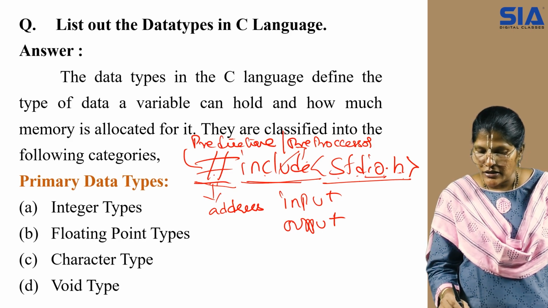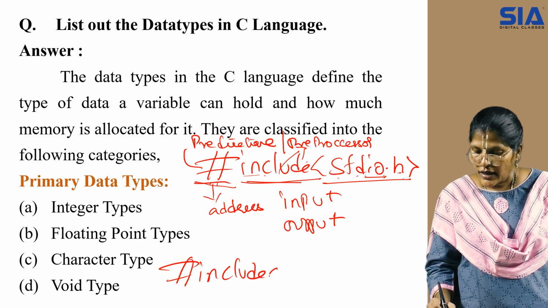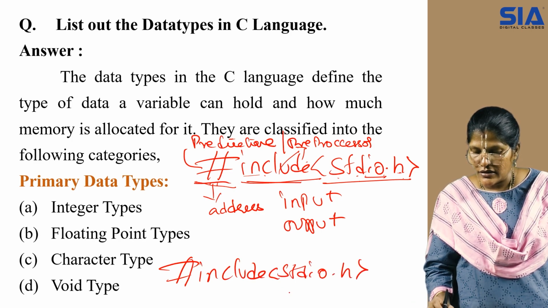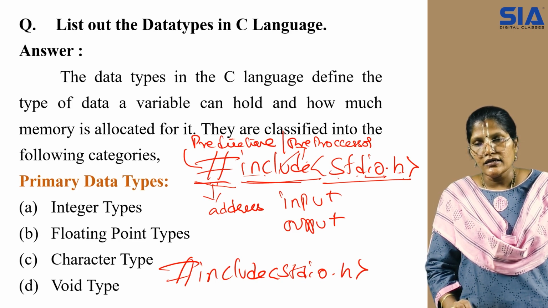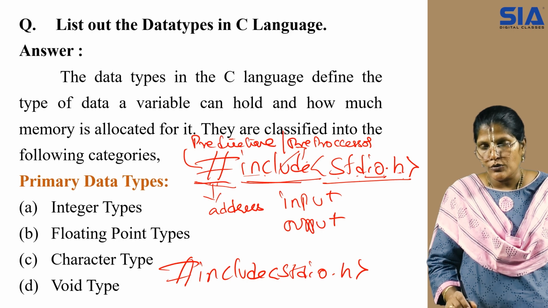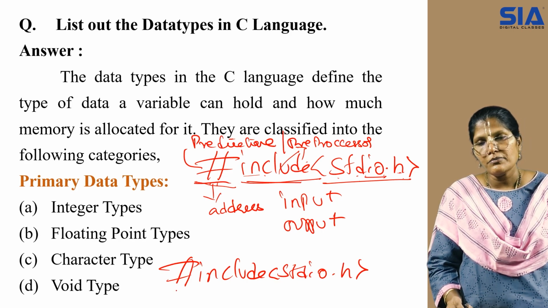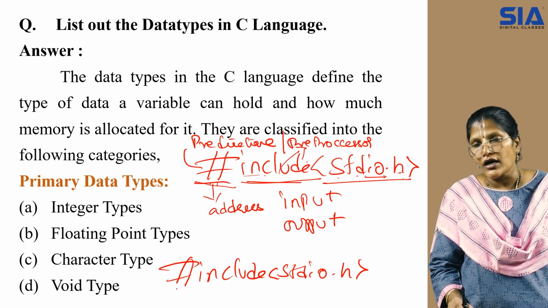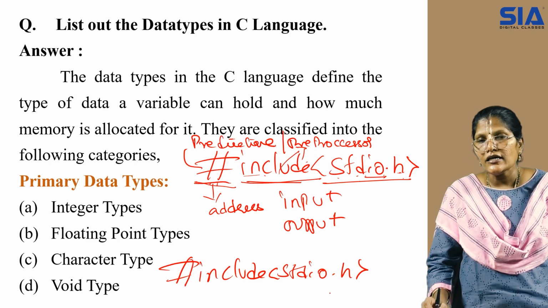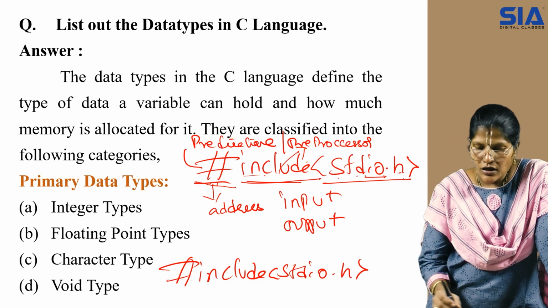By writing the statement hash include stdio.h, we are telling the compiler that all the functions required within the program reside at a particular location. That location is mentioned through the symbol hash. So hash include stdio.h facilitates the statements which have to be used within the program.